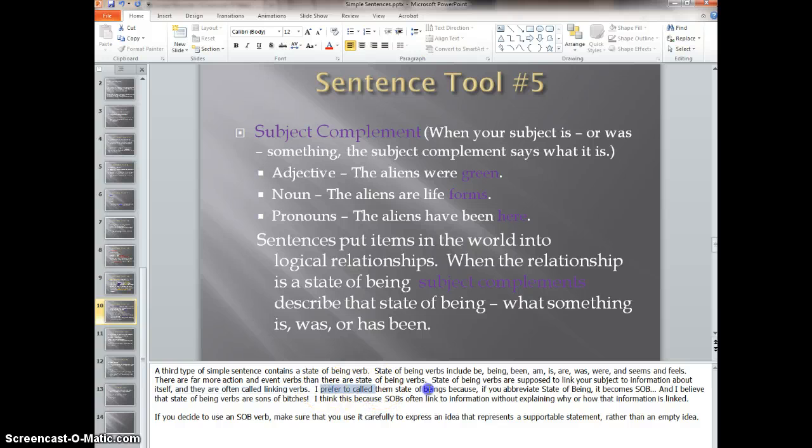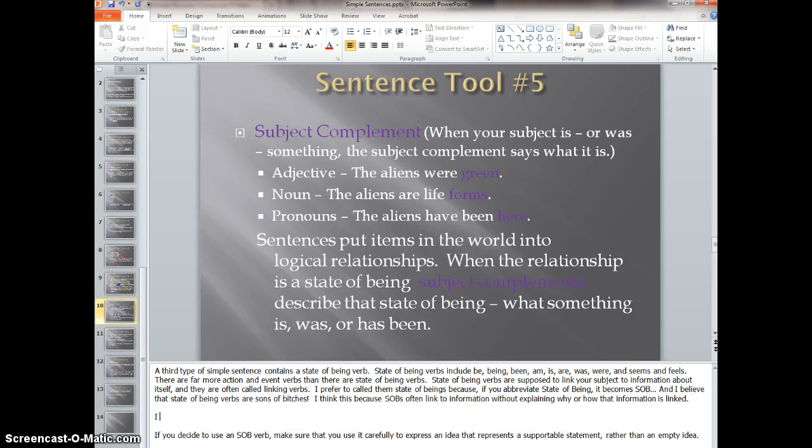I prefer to call these state of being verbs because if you abbreviate state of being verbs, it becomes SOB, or sons of bitches. And I believe that being verbs are sons of bitches. I think this because state of being verbs often link to information without explaining why or how that information is linked. So if I simply say I am smart, that gives you information about myself.